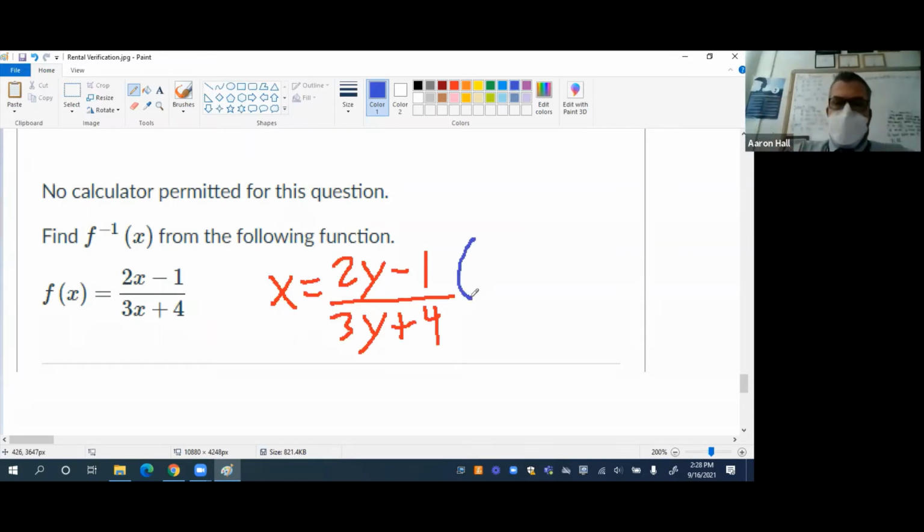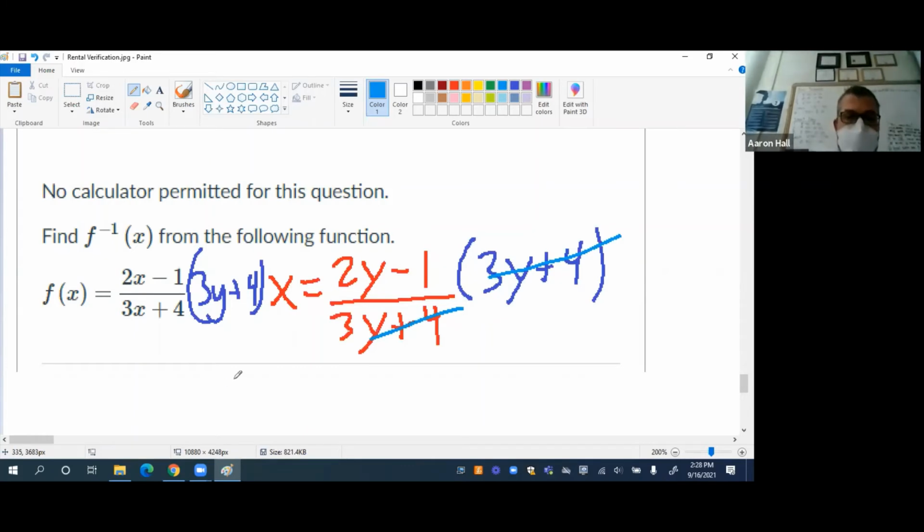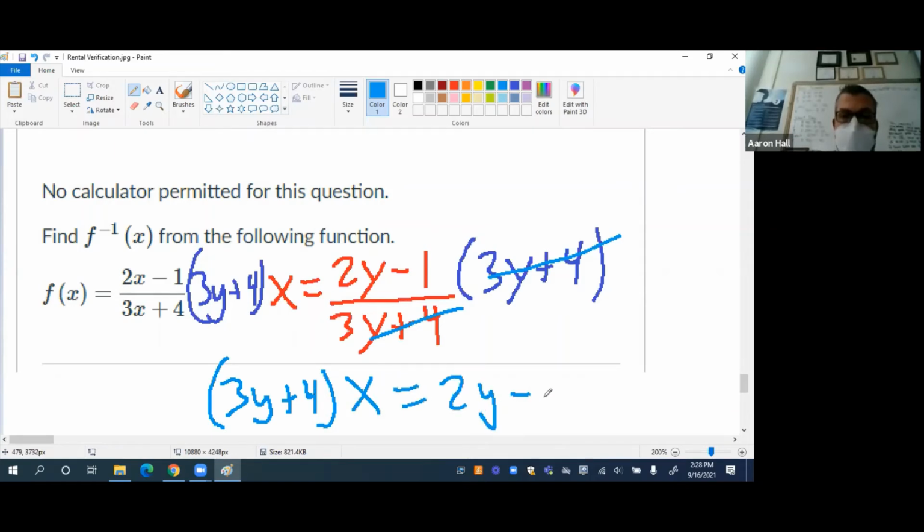So I'm going to multiply by the denominator, which would be my 3y plus 4, to both sides. And this goes away, leaving me with this 3y plus 4 times the x equals 2y minus 1.